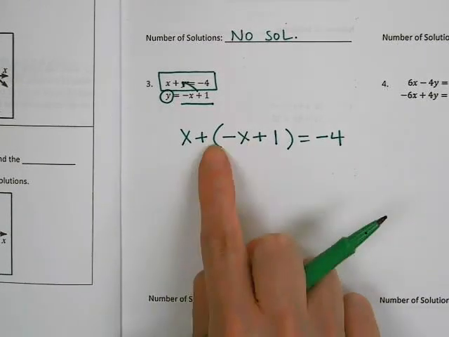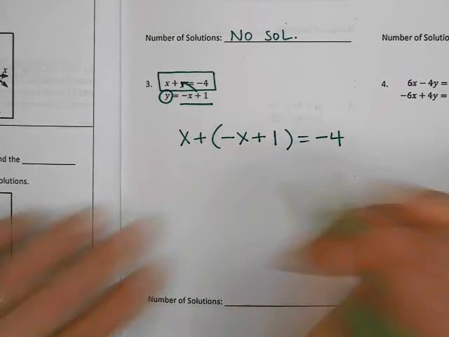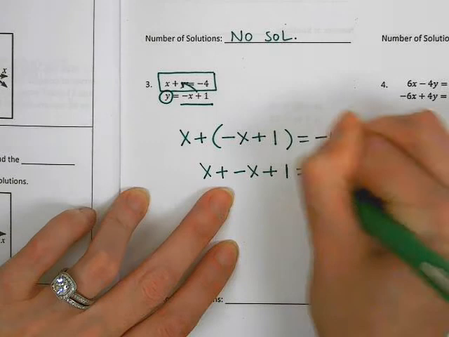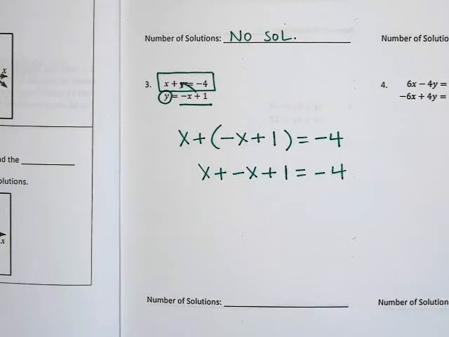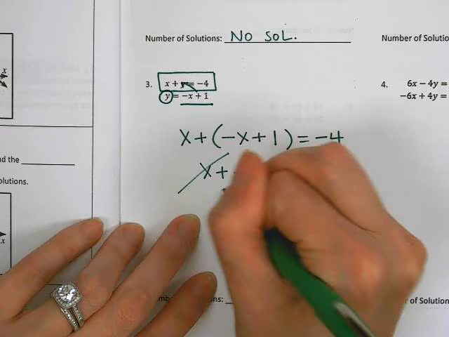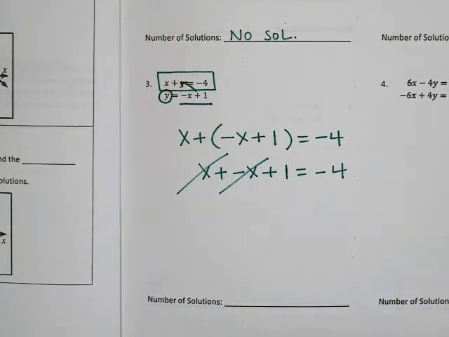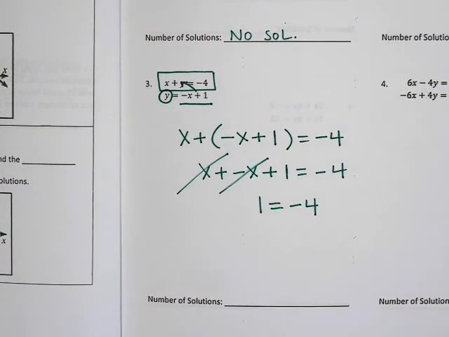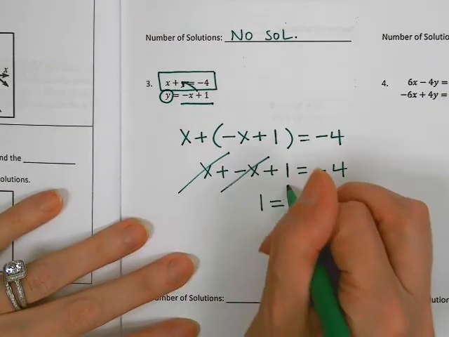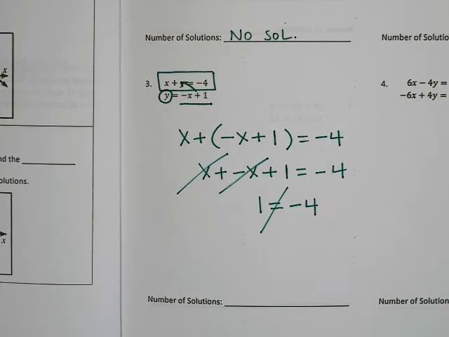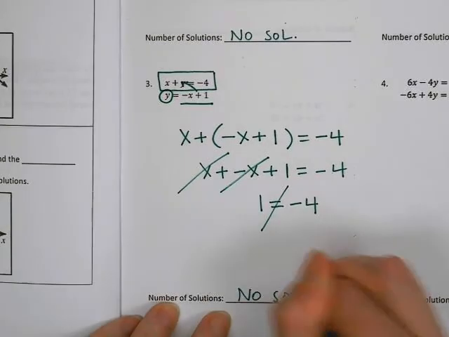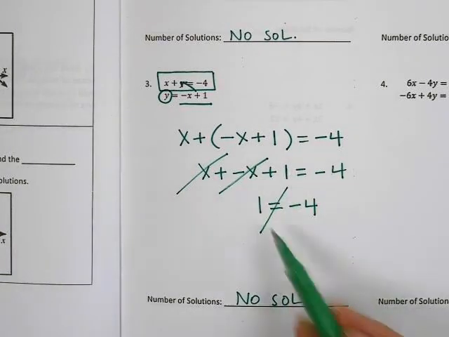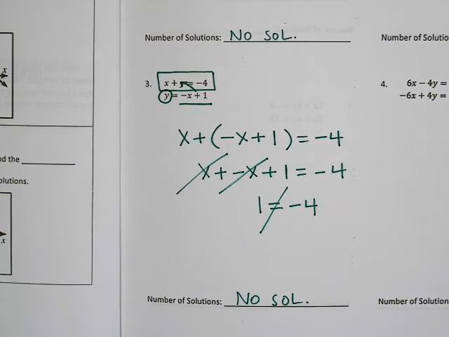There's nothing to distribute, so we didn't really need those parentheses, right? I'm just going to rewrite it without the parentheses then. And if you guys add like terms, x plus -x cancel, and you're left with 1 equals -4. Well, kind of the same thing as number 2. 1 does not equal -4, so this is no solution again. You can't solve it, right? Because the x's are gone and you're left with two numbers that are not equal. So no solution.